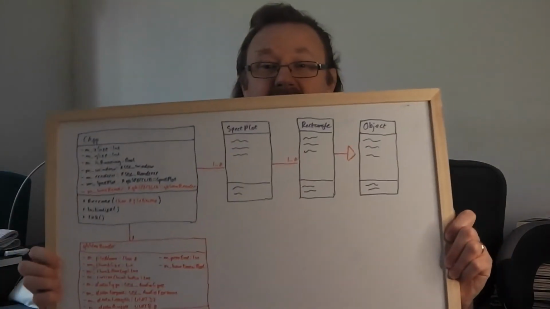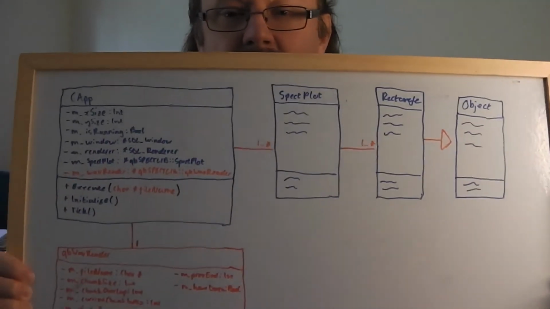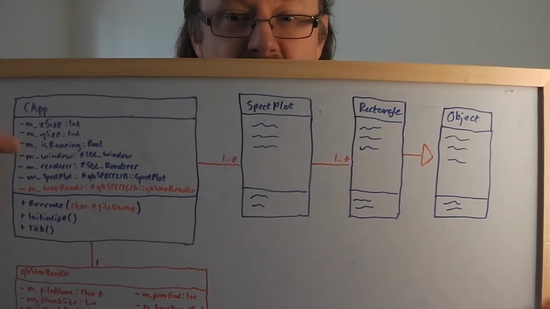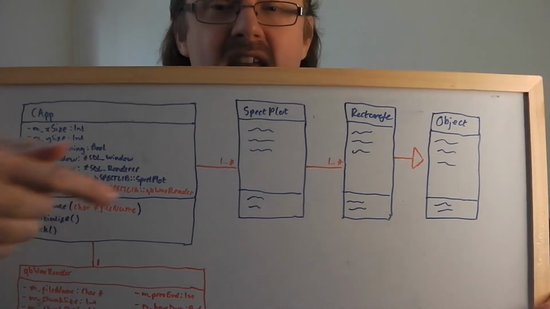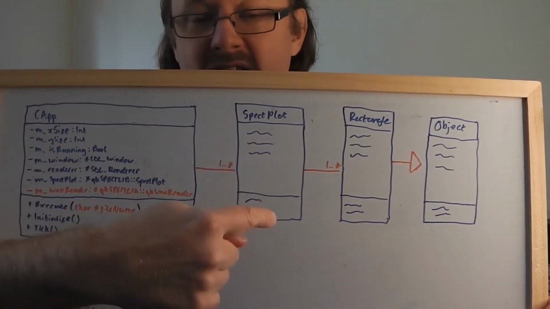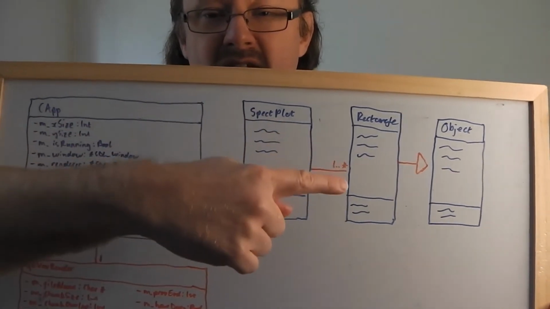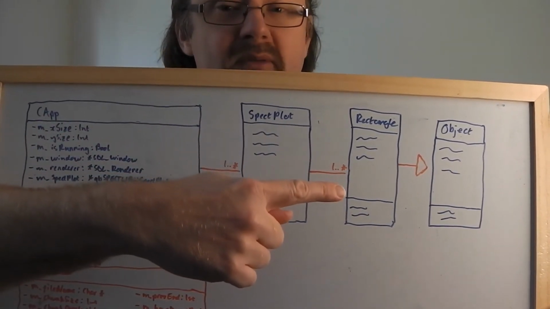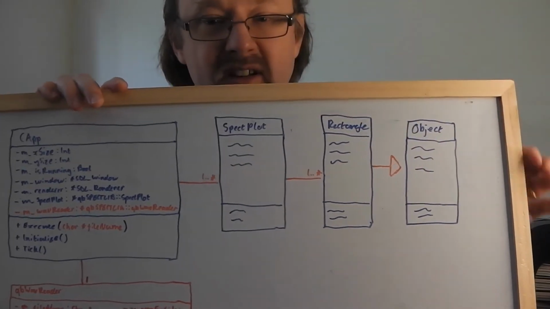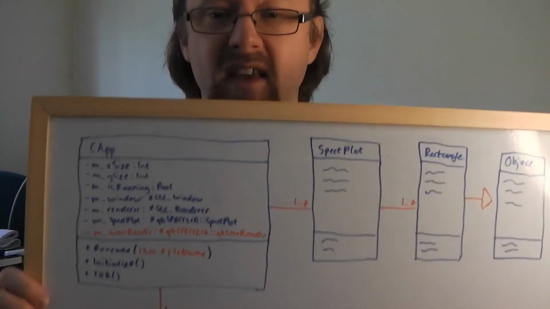Now, if you remember, this is the class structure diagram that we have, and this briefly summarizes the diagram that we had before. We have the CApp class here, and then this is exactly what we saw before. We have the specplot class, which then uses the rectangles from the QBLib2D from the other videos, and those inherit from objects. I haven't filled those out completely because that's what we had before.